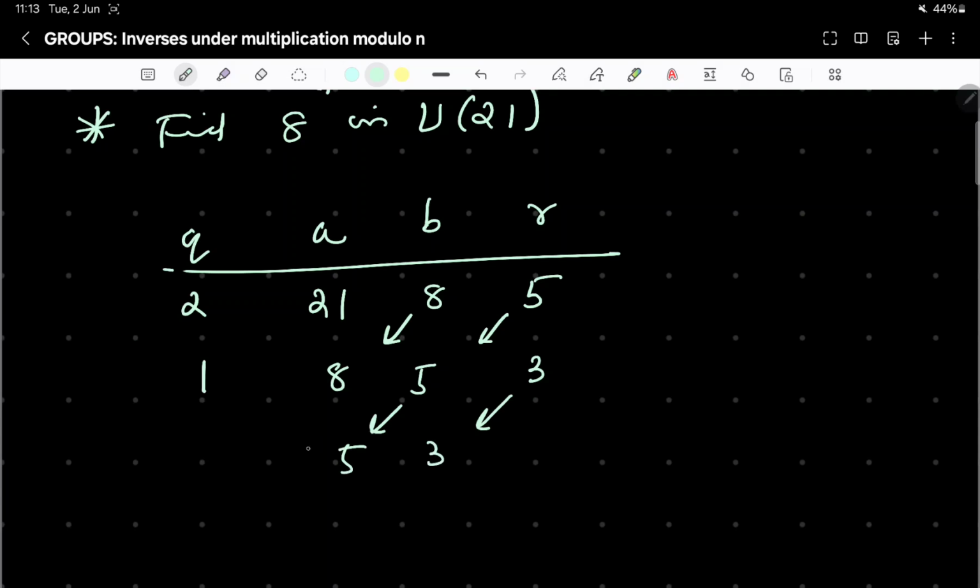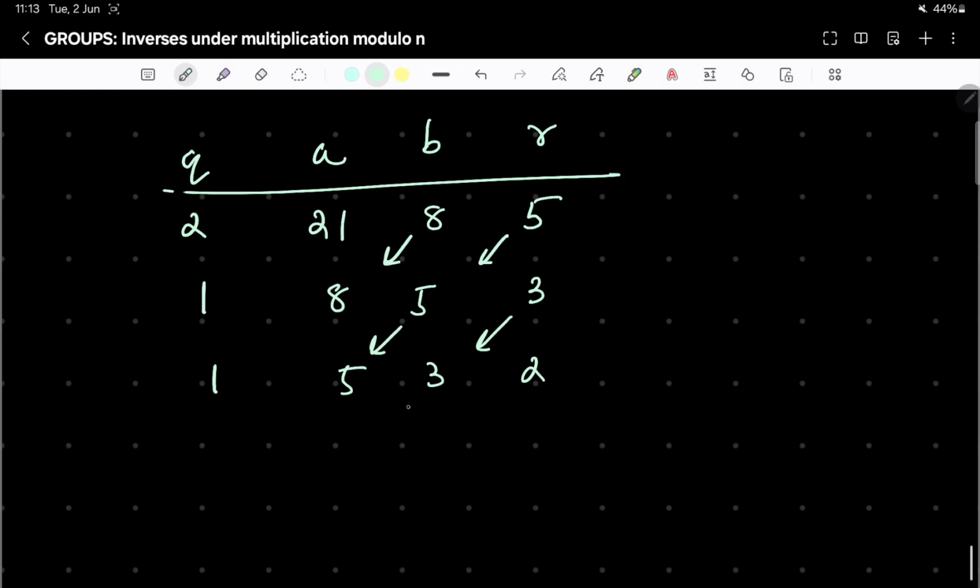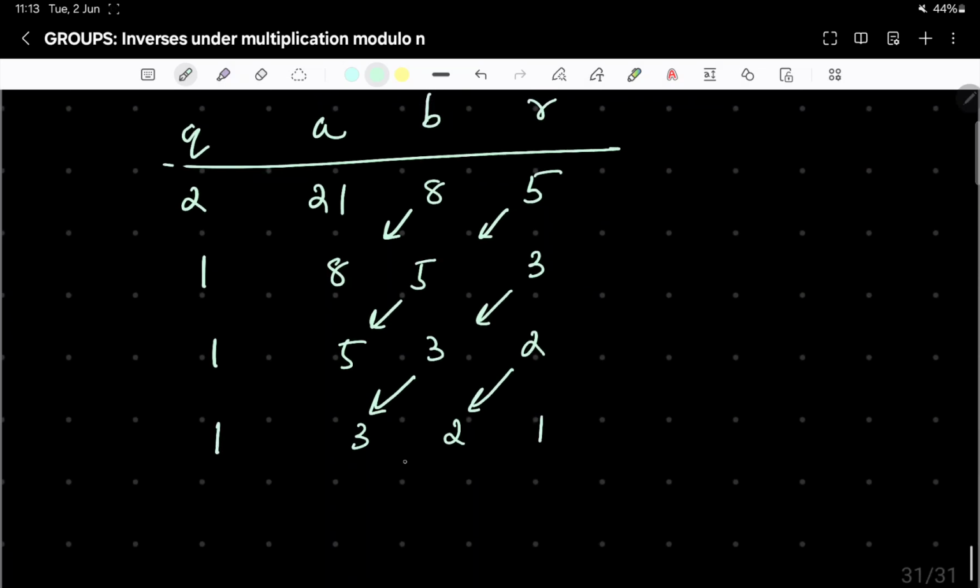How many times will it go? Only one time. The remainder is 2. Now 3 goes here, 2 goes here. Only one time it will go. The remainder is 1. Now 2 goes here, 1 goes here. 1 divides 2 exactly 2 times. So who is just before 0?